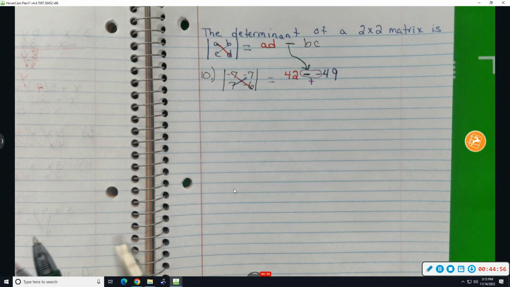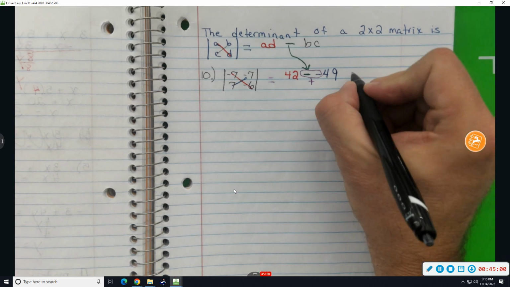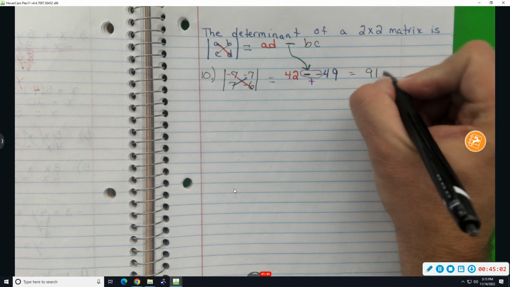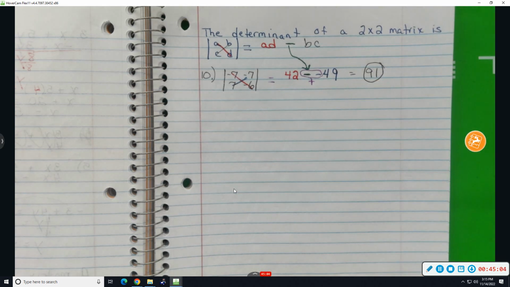So 42 plus 49 is 91. Make sure you're using what's called the main diagonal first. Always do the one that has the first number.